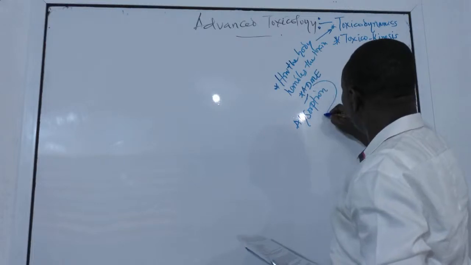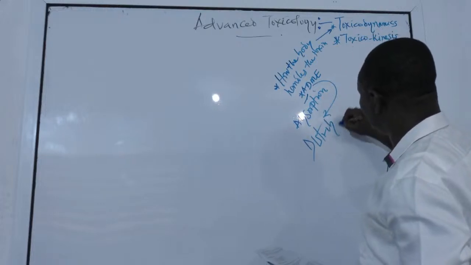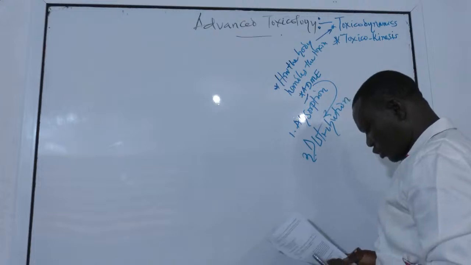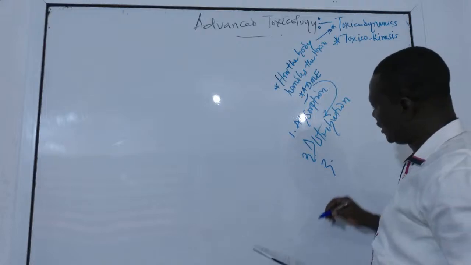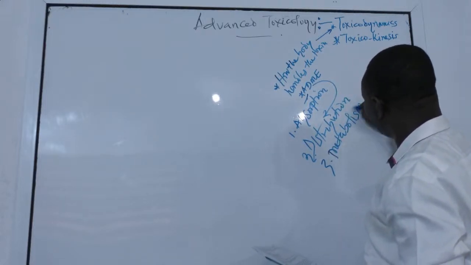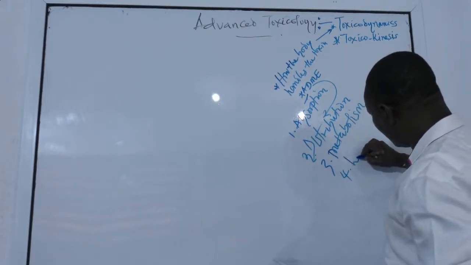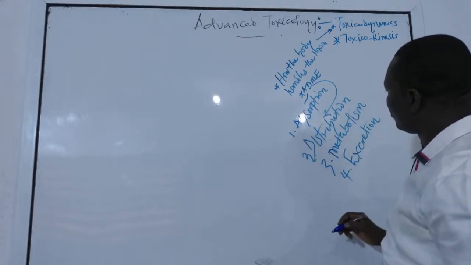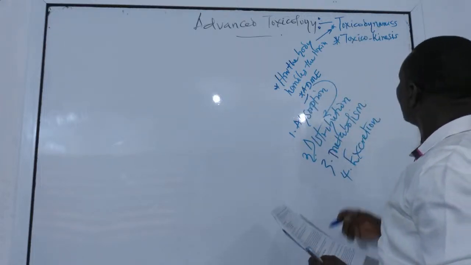D stands for how it is distributed, that is distribution. The third is how the toxin or the poison is metabolized, so metabolism. And the fourth process, the last one, is excretion. All of this comes under toxicokinesis.